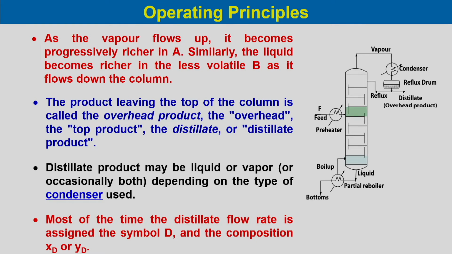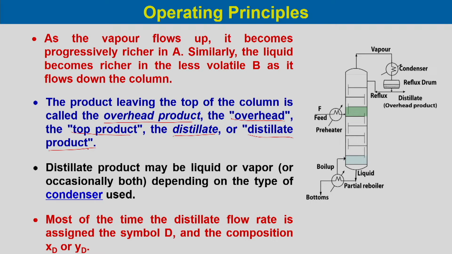The product leaving the top of the column is called the overhead product, or simply overhead, and it can also be called the top product, or the distillate or distillate product.